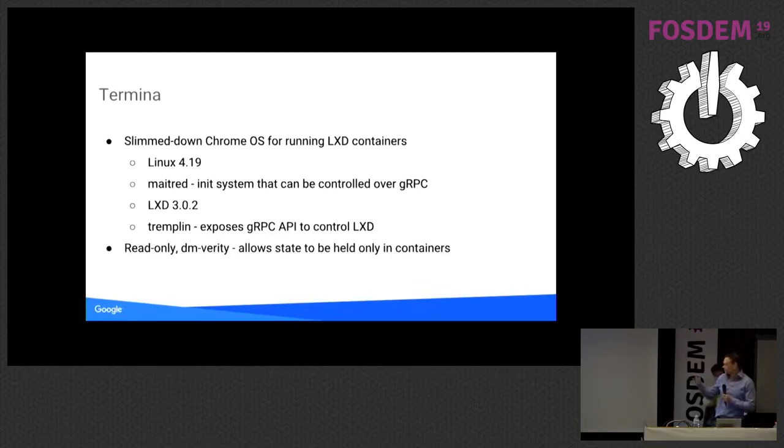Once it starts, it brings up LXD. We've got one more daemon we wrote, which is there to kind of bridge standard LXC container commands out of the container and out of the VM and into ChromeOS, so that we can poke it with gRPC and it can talk to LXD over its native interface.